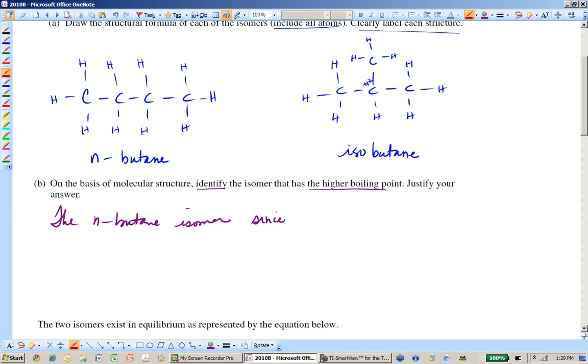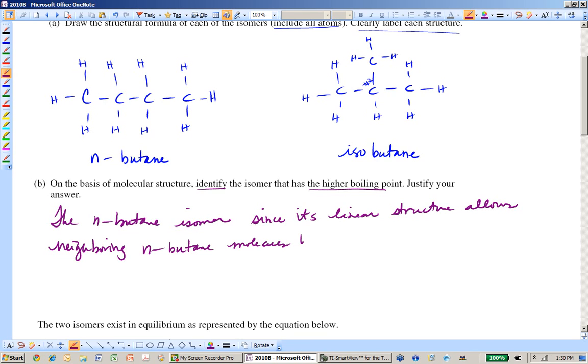Since its linear structure allows neighboring N-butane molecules to approach one another more closely, to snuggle up together. No, don't write that. To approach one another more closely is probably the way to go.